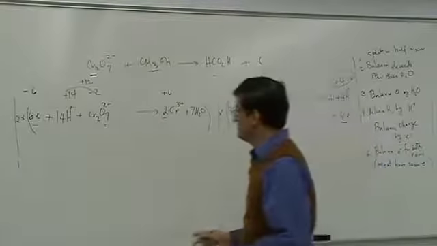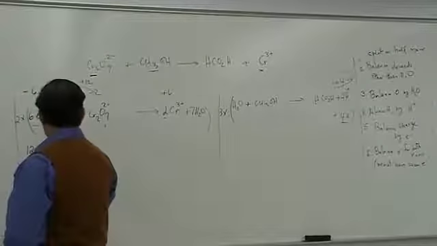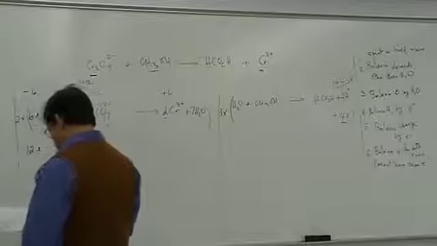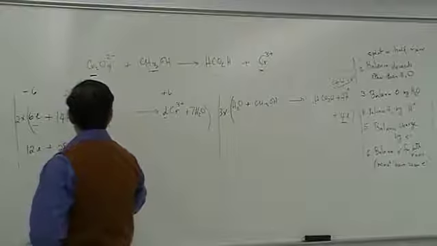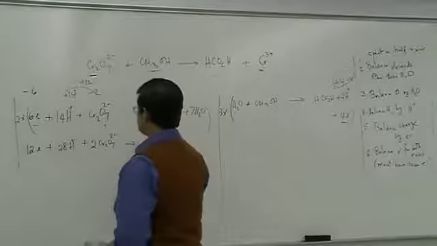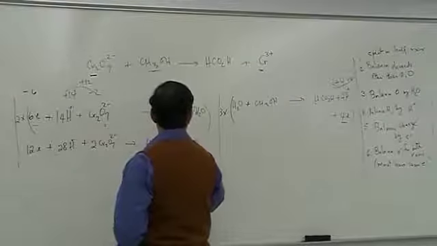So let's now multiply it. 12 electrons, 28 H+, and then 2 Cr2O7 2 minus, 4 Cr3 plus, 14 H2O.